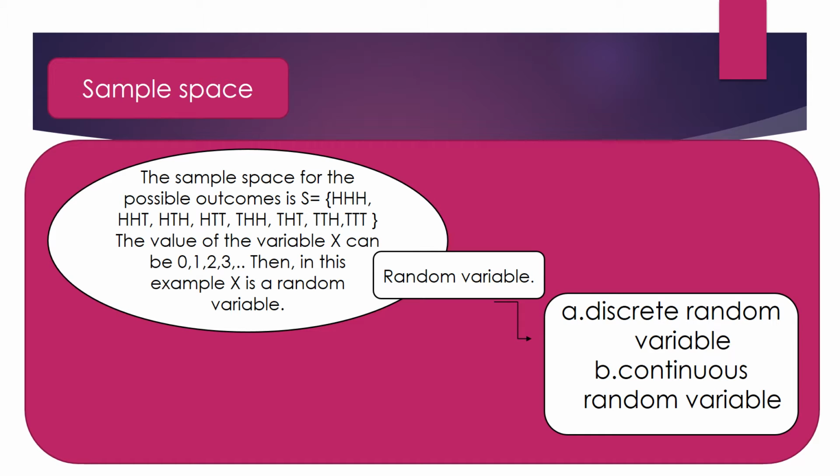The value of the variable X can be 0, 1, 2, and 3. Then in this example, X is a random variable.